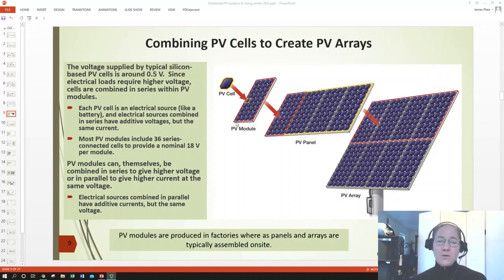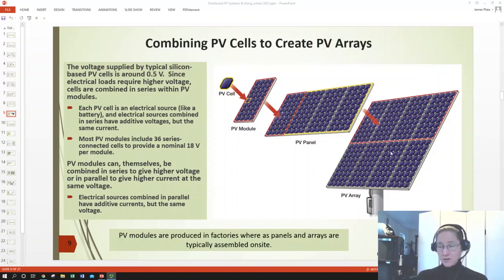They will wire these cells in series, usually 36 to a module, so we have a nominal 18 volts per module. Then we can add the modules together in parallel or series to increase our current or our voltage as needed, and then keep stacking them up to make what we call an array.